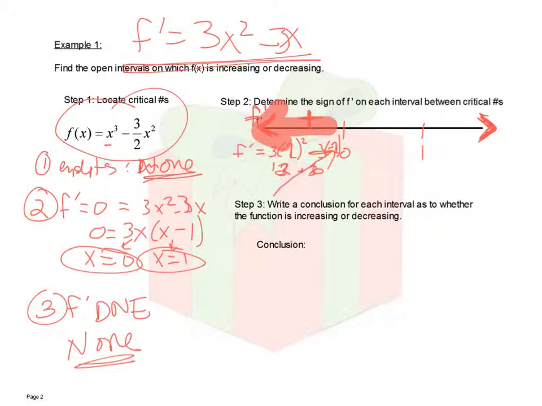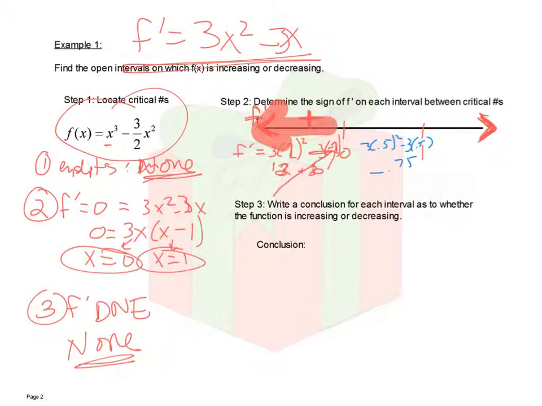All right, so now how about this interval between 0 and 1? Well, I'm going to pick any number I like. I'm going to choose 3 times 0.5 squared minus 3 times 0.5. That gives me negative 3/4, or negative 0.75.